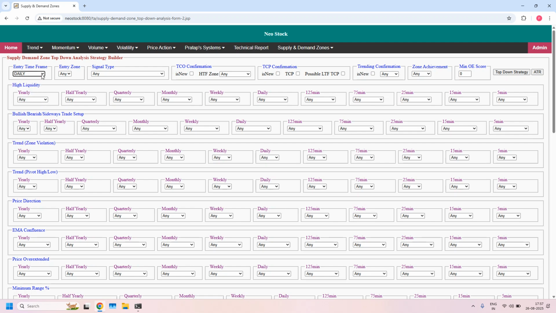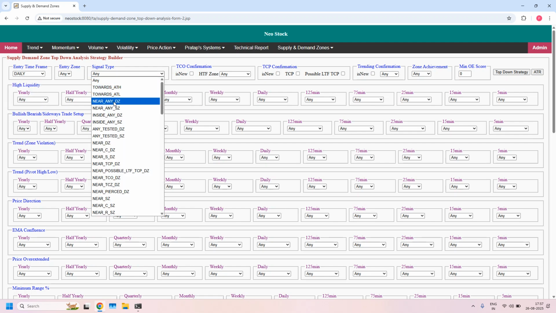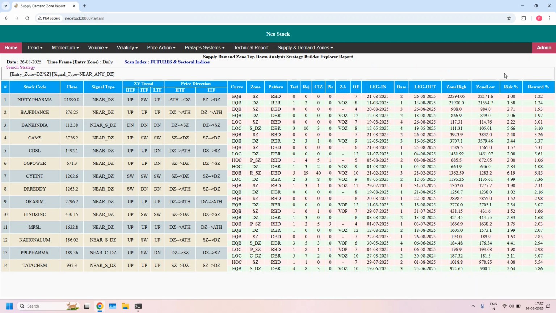Starting with the daily time frame, stocks near to the daily demand zone. We got 14 stocks. Let us identify high liquidity daily demand zones from this list. Bank of India is having a daily high liquidity demand zone.